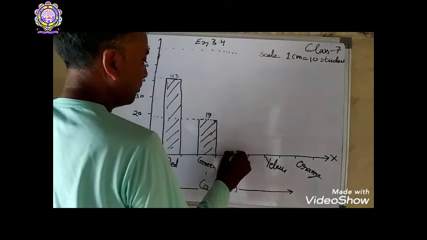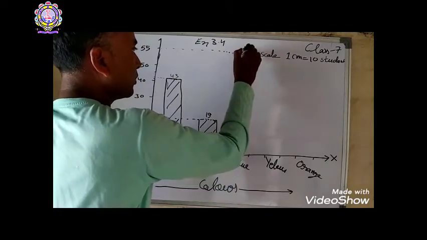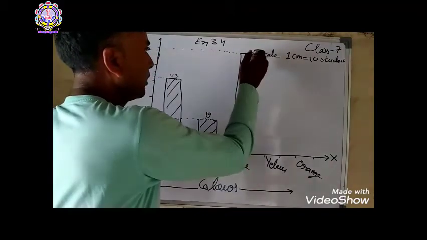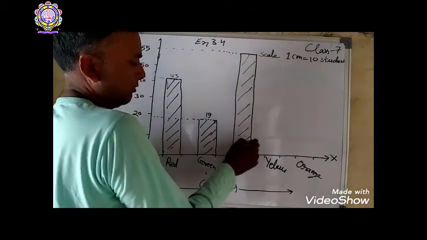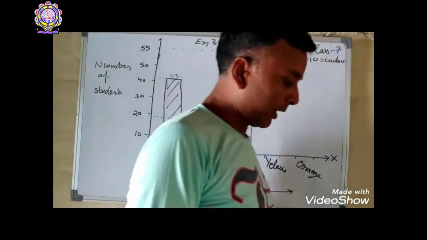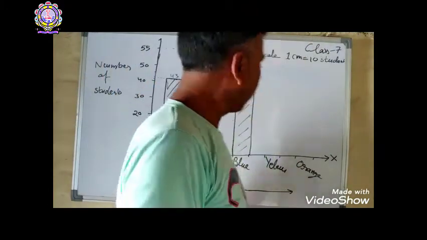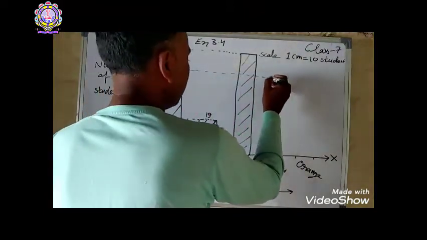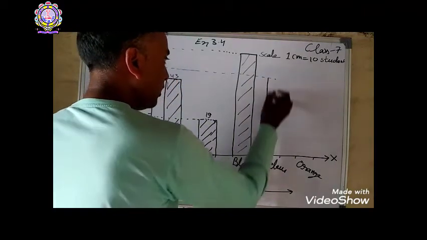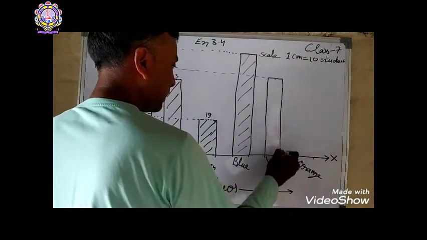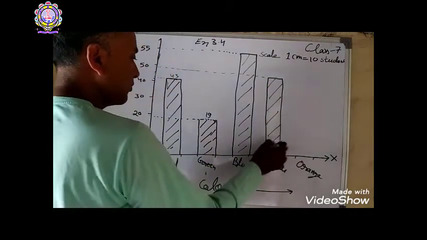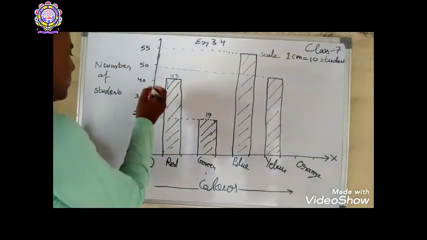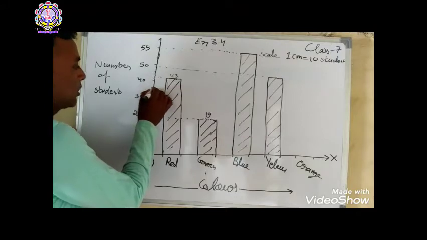Use the scale and pencil to draw the graph, and color it blue if you have. Otherwise, draw dotted lines and shade it. Yellow color, 49, just below 50. Another is the orange color, 34, that is 30 and 4, just after the half.